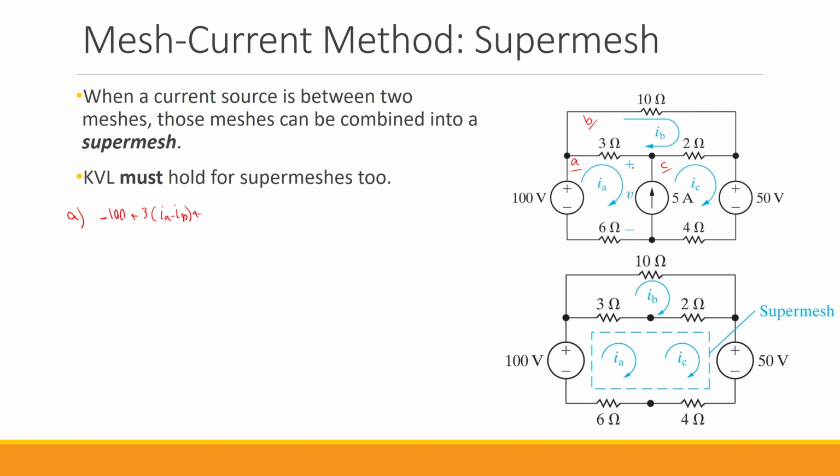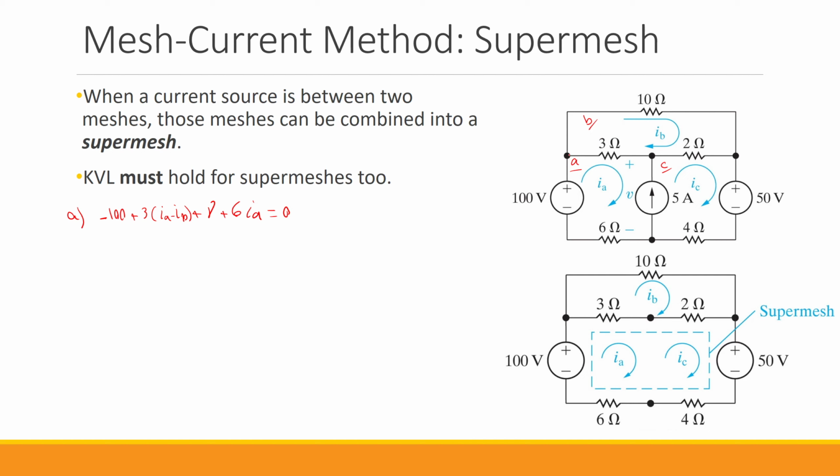So because of that, I just assume a voltage polarity like this, positive here, negative here, and I call this voltage V. So I simply write it as V. And then we get to this 6 ohm, which only has IA going through it. So we have 6 IA equals 0. So that is the KVL for mesh A.